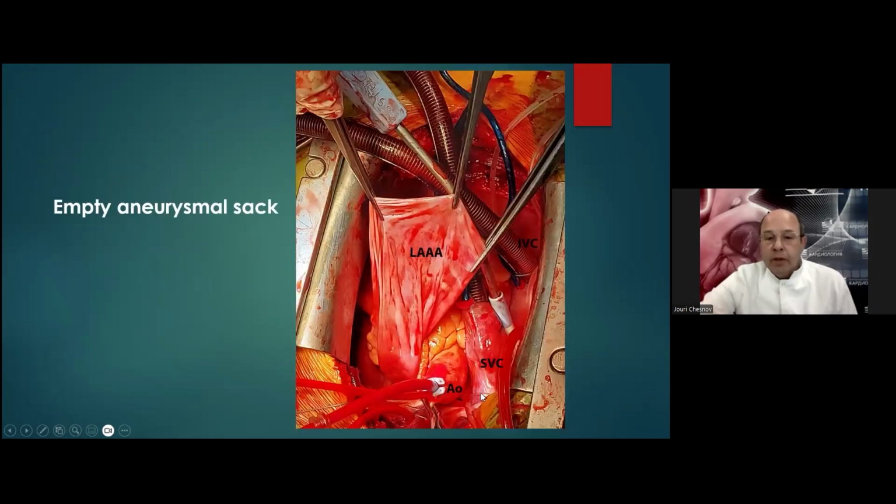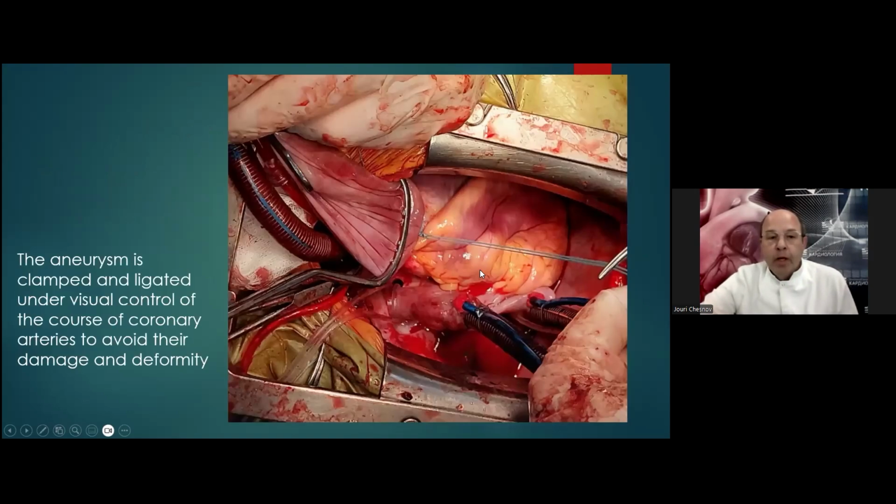After cross clamp of aorta, this aneurysm was empty, and you can see empty aneurysmal sac. Then aneurysm was clamped and ligated under visual control of the course of coronary arteries to avoid their damage and deformity. It was from outside.